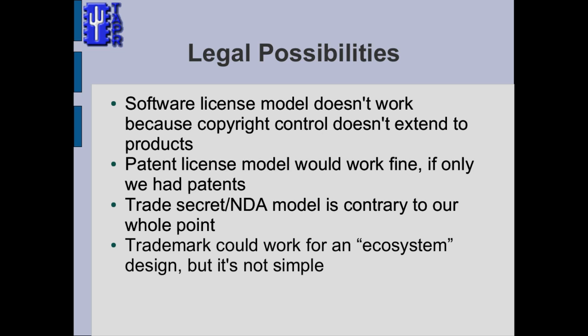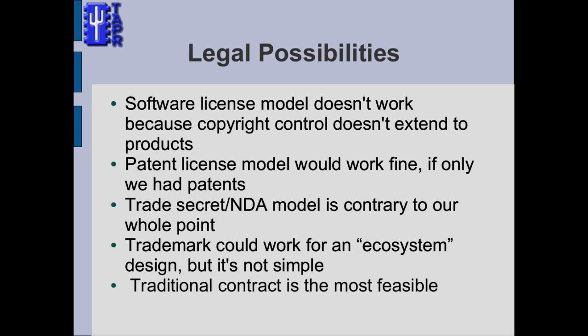We could also come up with a model to use trademarks, and that's actually been done in a few cases, but it's of limited use and it's not really practical for a single product. It might be useful if you're trying to build an environment or an ecosystem around a set of compatible products. So that leads us to another option, which is to ignore all of these intellectual property rights as the foundation and just think about a traditional contract where the parties agree what they will and won't do.